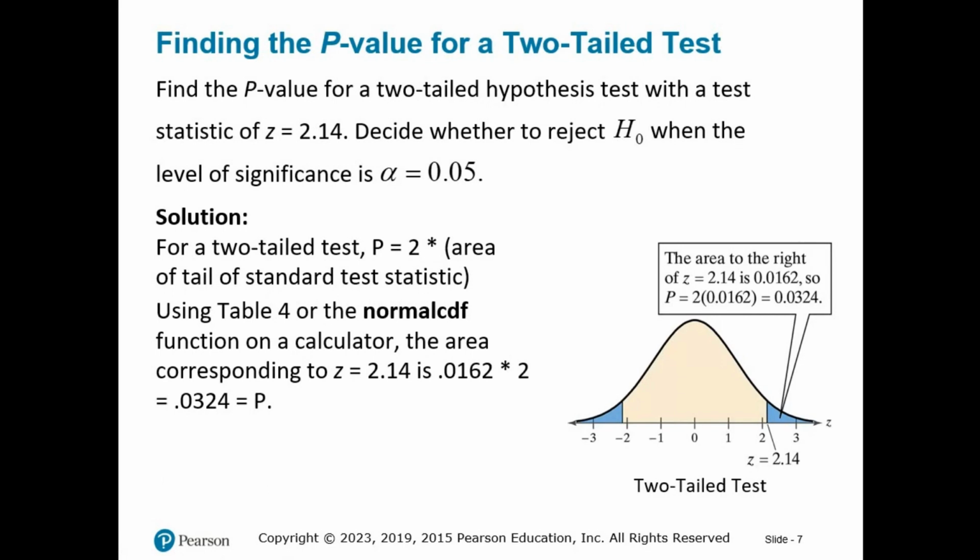So we ask the question, is 0.0324 less than 0.05? Yes, it is. So here we have the evidence to reject the null hypothesis. Remember, if it is less than the significance level, then we have enough evidence to reject the null hypothesis.